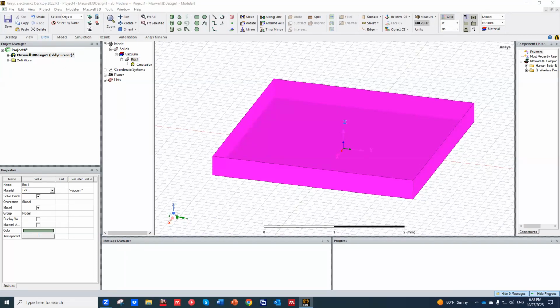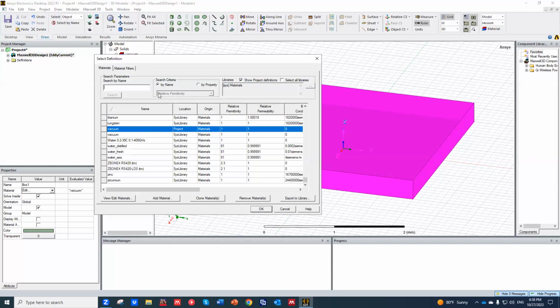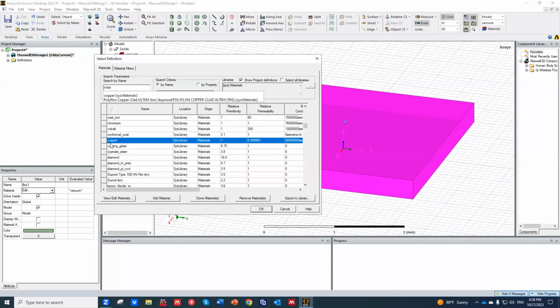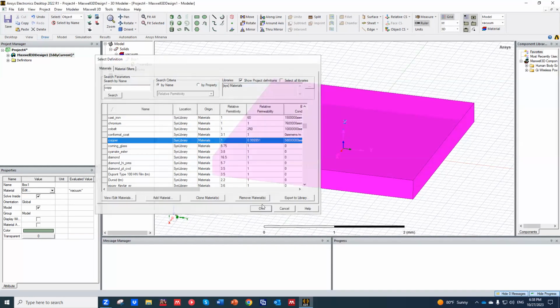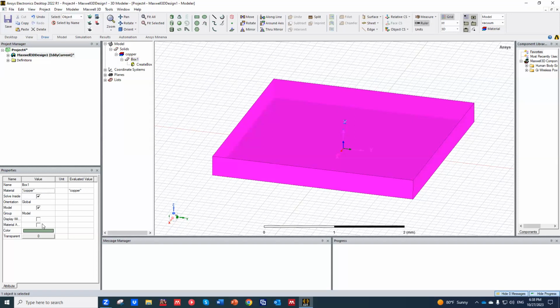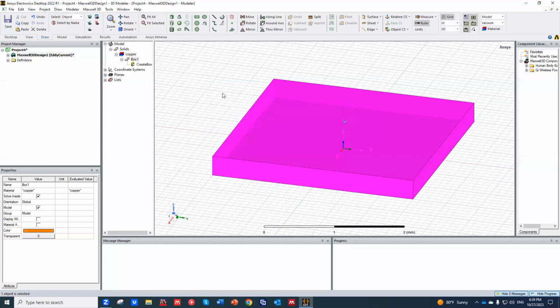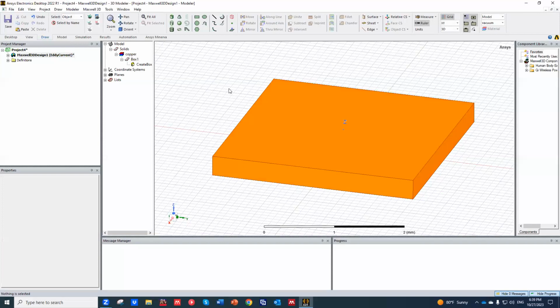So I go to the material search and find copper. Okay, and change the color of this copper to a copper-like color.